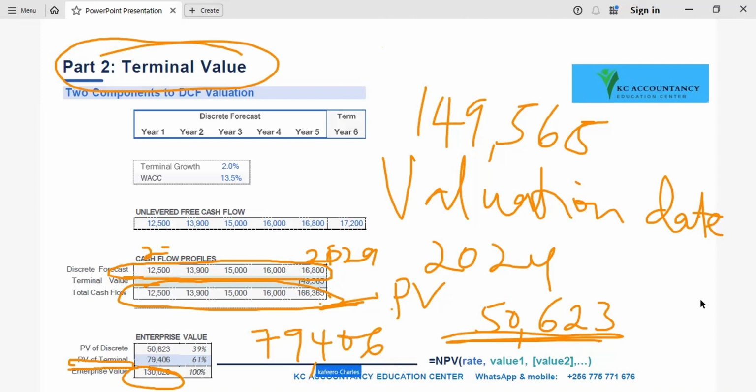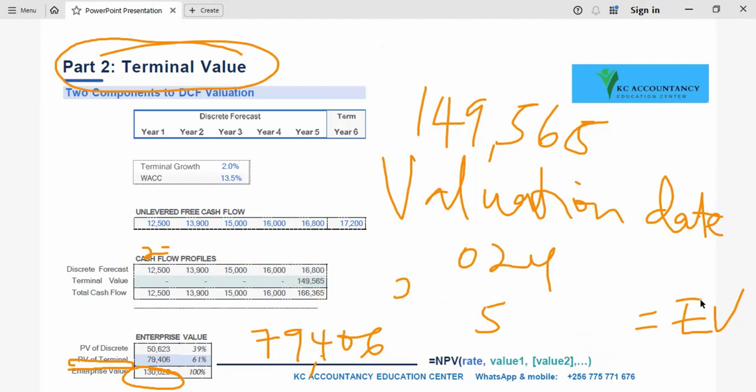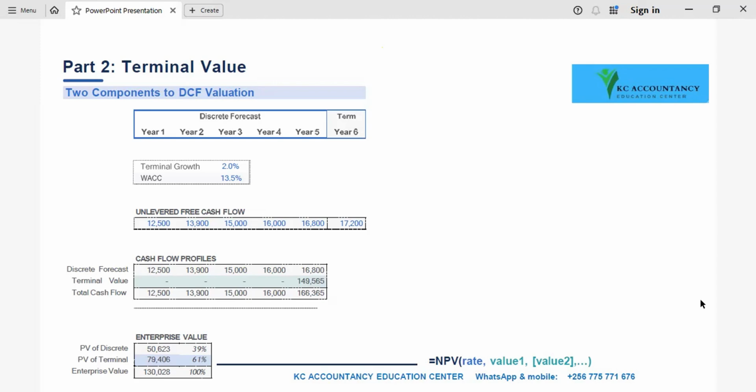It is these two values, when you sum this one and this one, that will give you what we call the enterprise value, EV. So that's the kind of mathematics that we are trying to have in place. That's what we are trying to get.